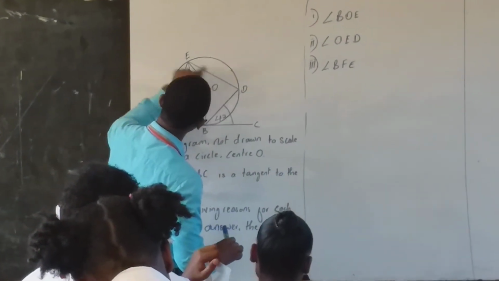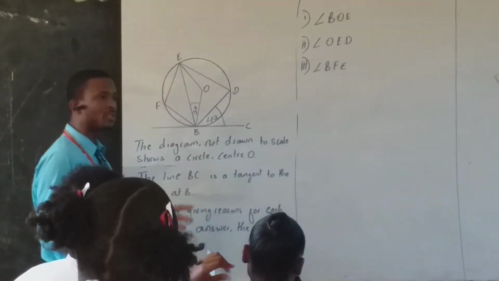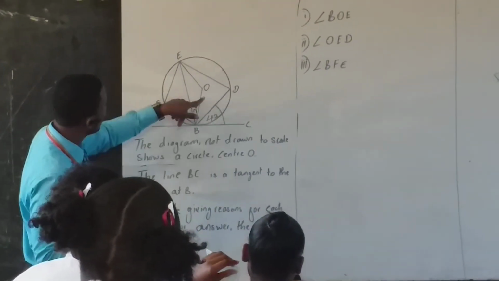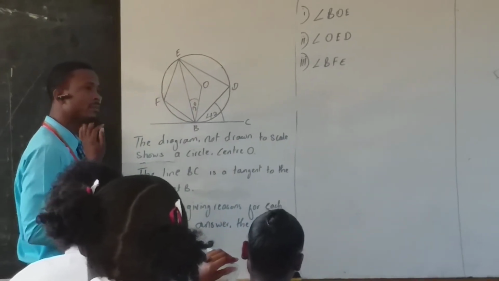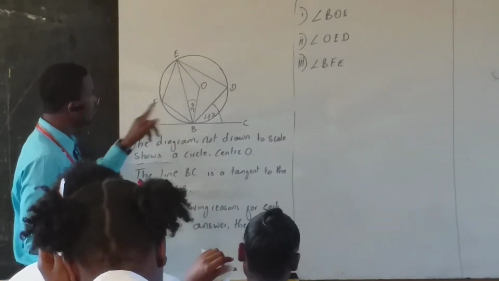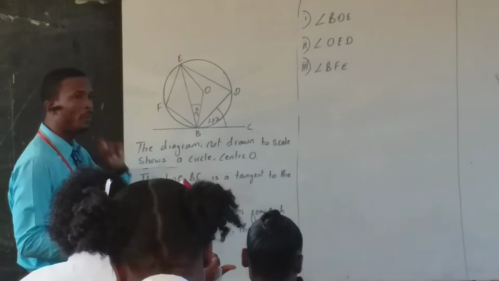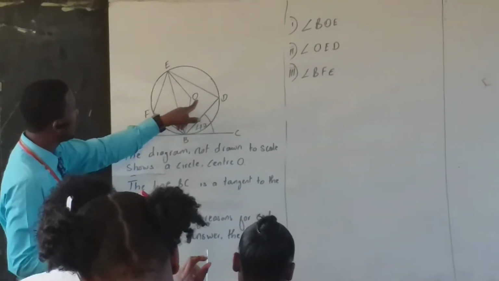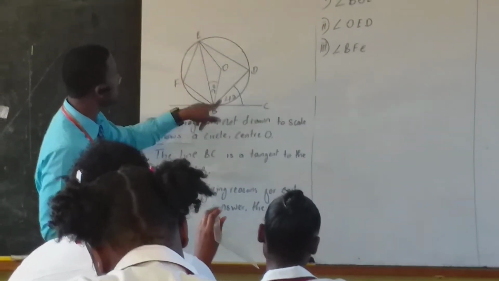And because OE and OB represent radii, what can we say about triangle OEB? If both OE and OB are radii, what does it mean for triangle OEB?